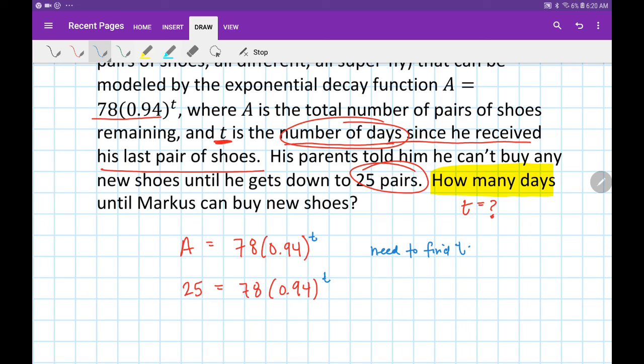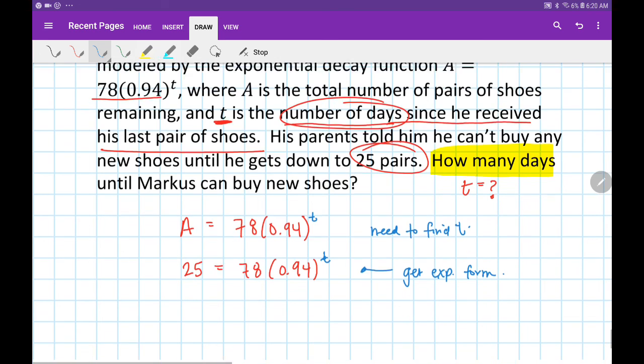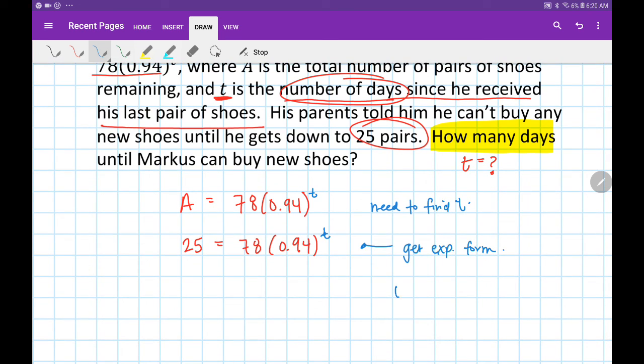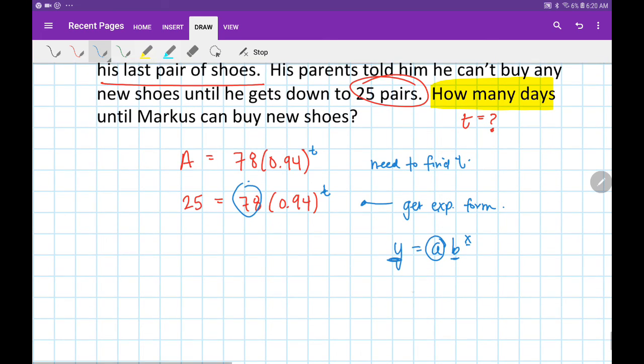Awesome. So to start solving for t, first I need to get this in proper exponential form. Right now I have it in this form, y equals a times b to the x. Notice that there is a multiplier in front, this time it's a 78, and then I have my base and my exponent. I need to make sure that number in front disappears.